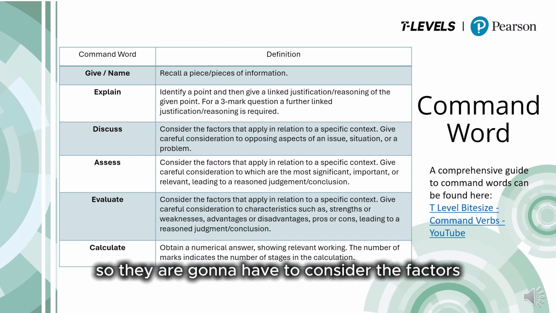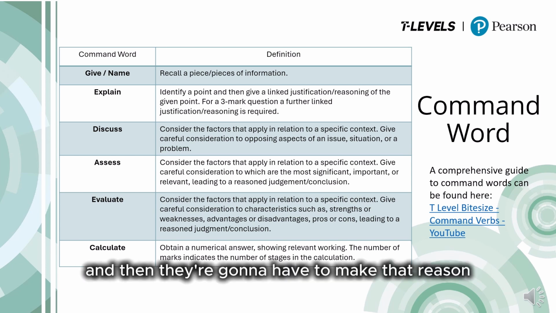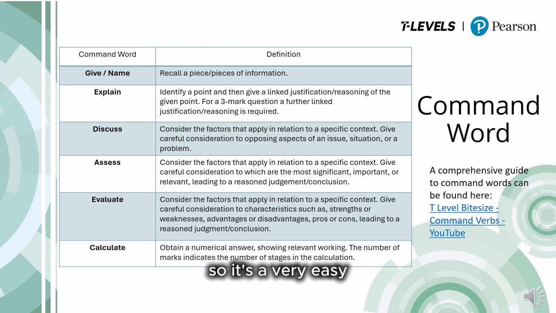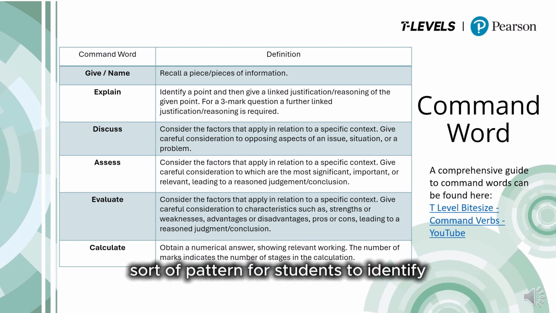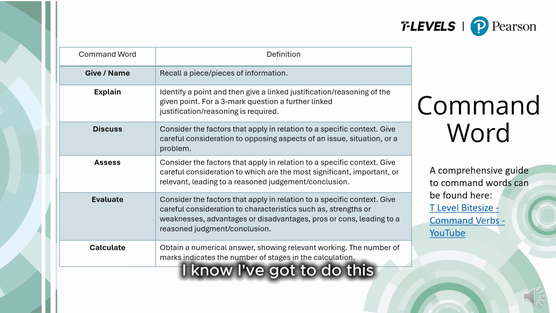They are going to have to consider the factors and the characteristics, and then make that reasoned judgment as well. So it's a very easy pattern for students to identify within the papers: if I see this command word, I know I've got to do this.